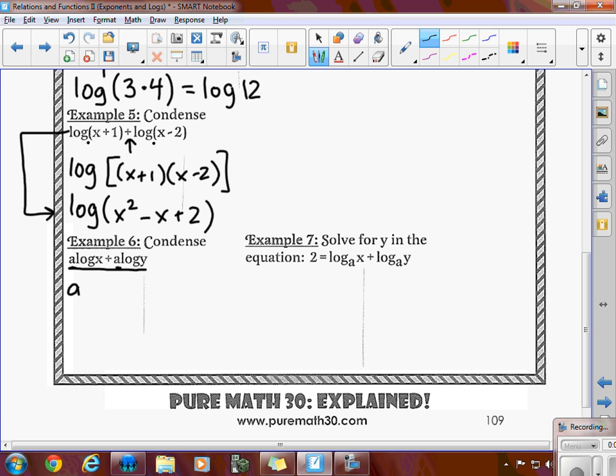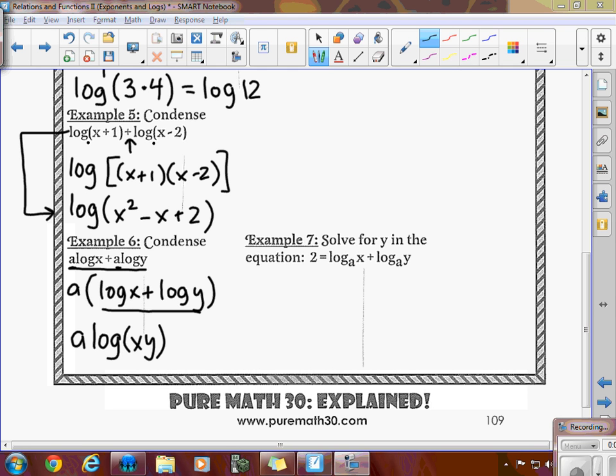So if I factored that out, I'd have a log x plus log y. So I factored out the common term of a in both of them. Now inside the brackets, we have an addition of logs to the same base, so the multiplication law of logs does apply. This would simplify to a log x times y. So we condensed it.